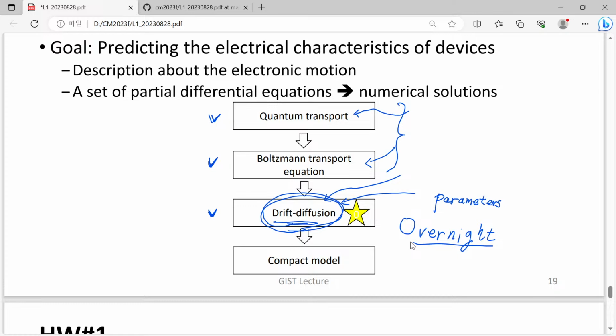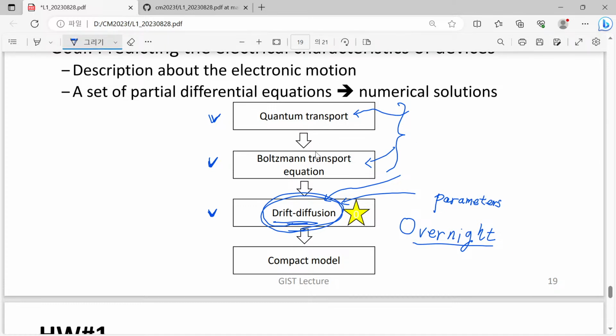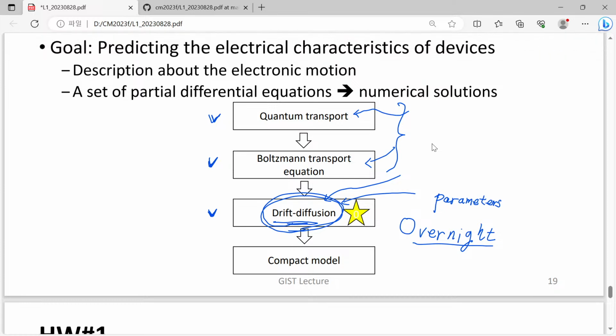Then they can do some research work or analysis, and before leaving the office once again, they can start their long overnight simulation. However, these quantum transport simulations usually take days, sometimes weeks.